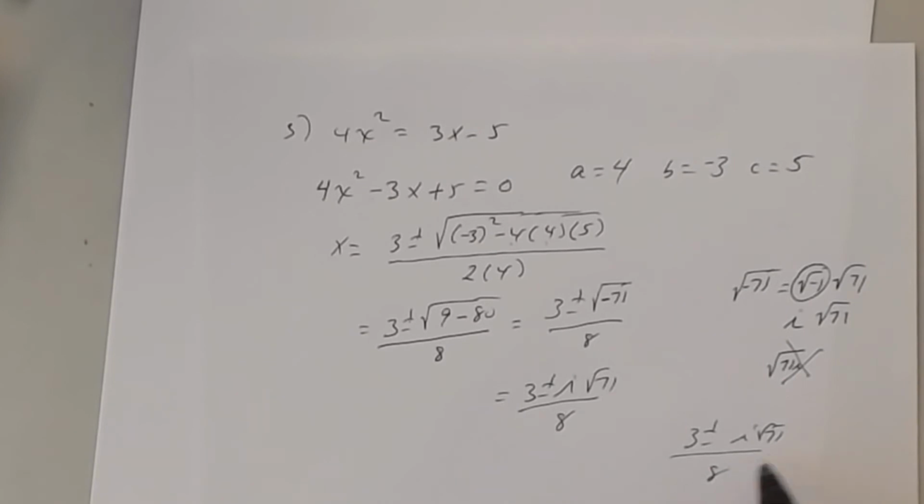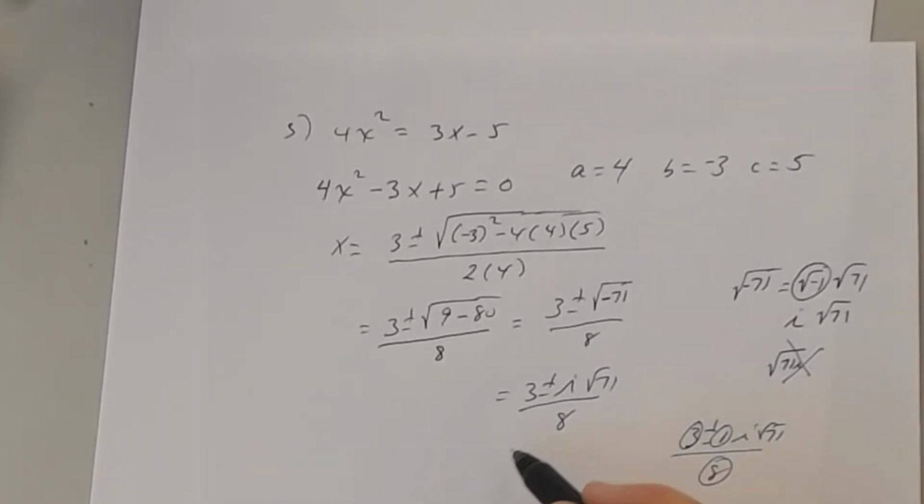You see that square root right here? I would leave that imaginary number alone, and then the i, and just think of this right here as being what number? 1. So if you look at 3, 1, and 8, do 3, 1, and 8 have any common factor other than 1? No. So this is your answer.